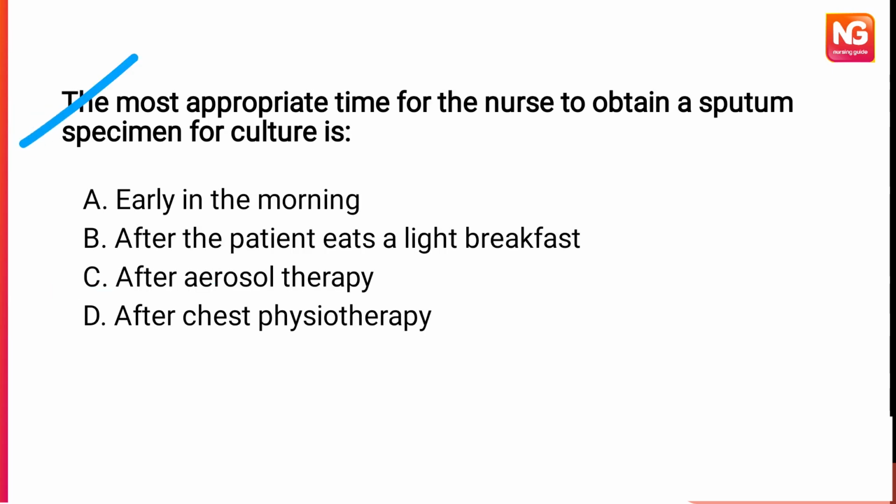Next, the most appropriate time for the nurse to obtain a sputum specimen for culture is option A, early in the morning, option B, after the patient eats a light breakfast, option C, after aerosol therapy, option D, after chest physiotherapy. And the correct answer is option A, early in the morning. Early in the morning is the most appropriate time for the nurse to obtain a sputum specimen for culture.